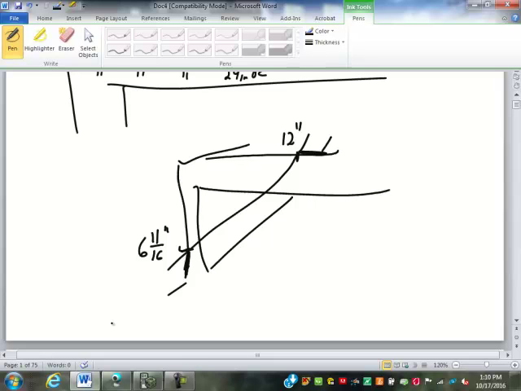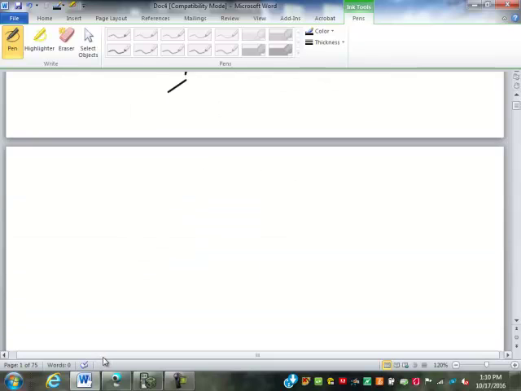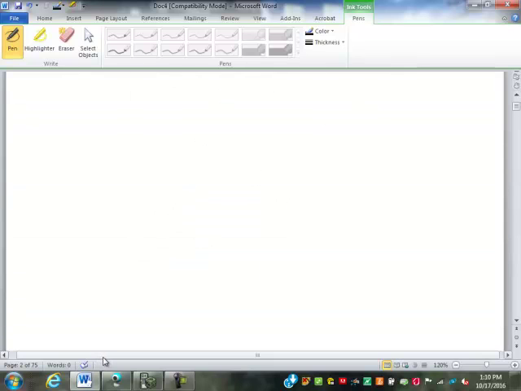So you can see most of this is for your hips and valleys. It's those first two lines that are for common rafters. So let's take a look.